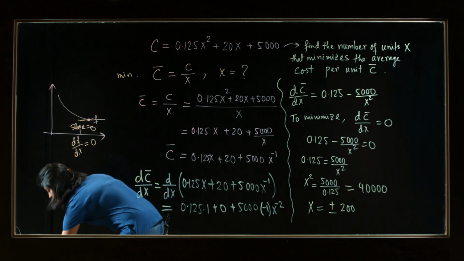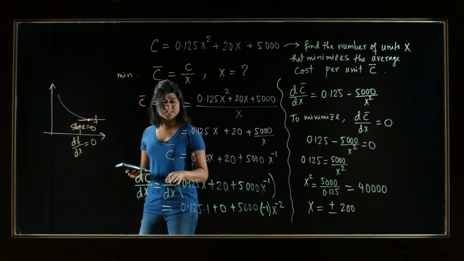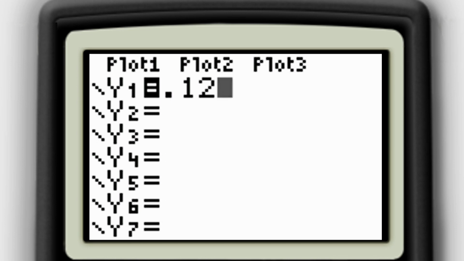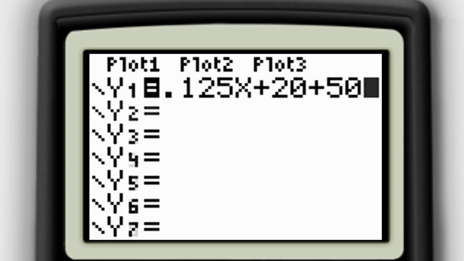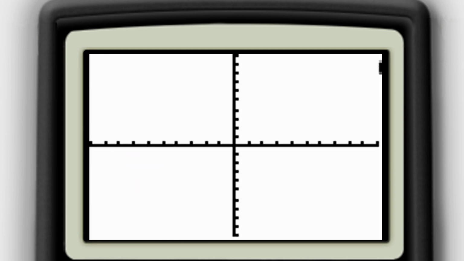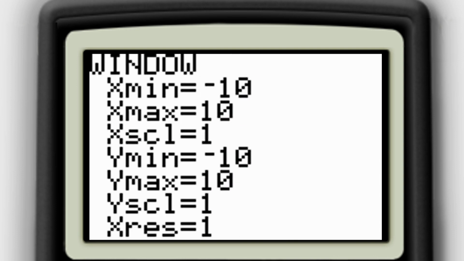So pick your graphing utility and let's graph C bar. Plug in y equals 0.125x plus 20 plus 5,000 x to the negative 1 and graph it. But note that you have to be careful about the window. See, the x value is 200, so let's make the window x from negative 300 to 300, with a scale of 10, so you can see the whole graph better.